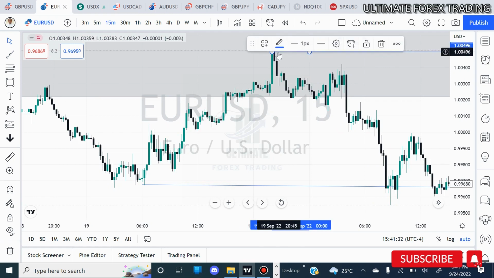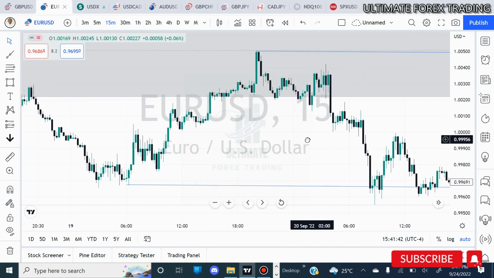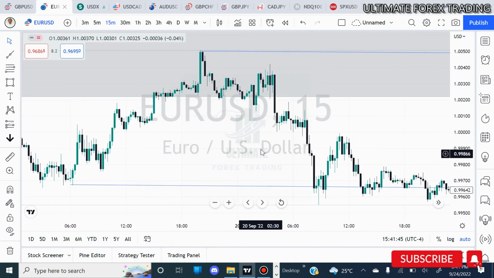So in my video about market structure, I said something here on the channel that in a bearish scenario, we expect price to continually take up or violate the previous low, but keep respecting previous high. So in a bearish scenario, this is our previous day low and this is our previous day high. So we have our daily range here.